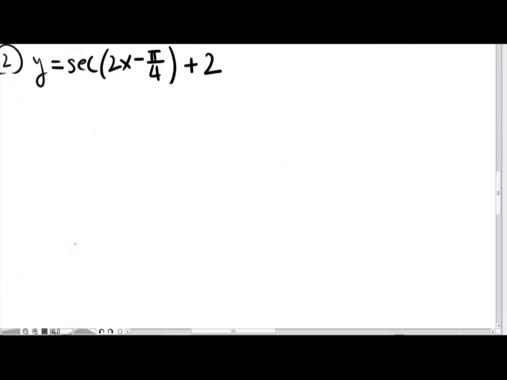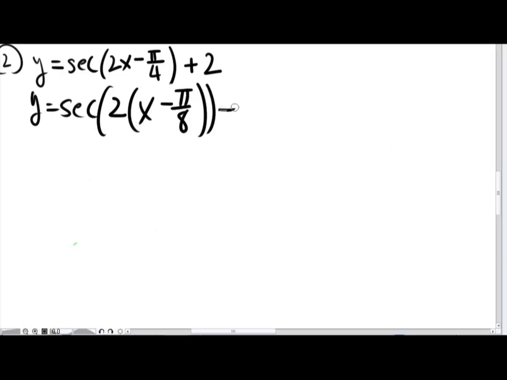Next question. Y equals secant of 2x minus pi over 4 plus 2. So we're going to do the same thing. We're going to factor out the 2, and then we get 2 times x minus pi over 8 plus 2.